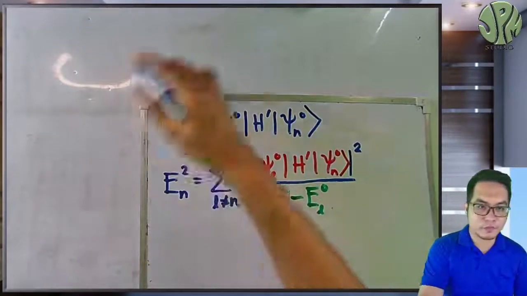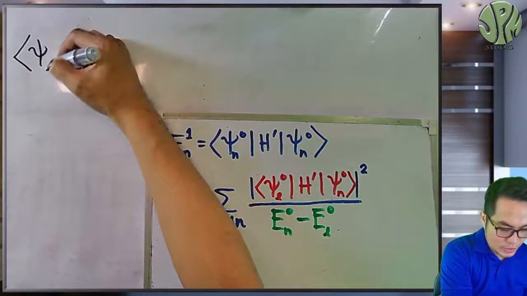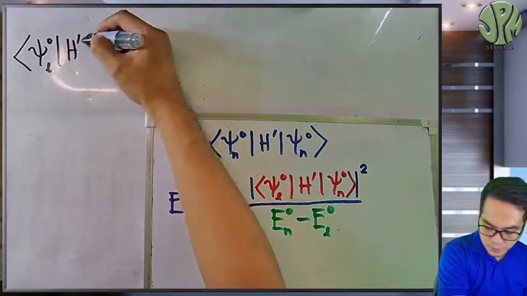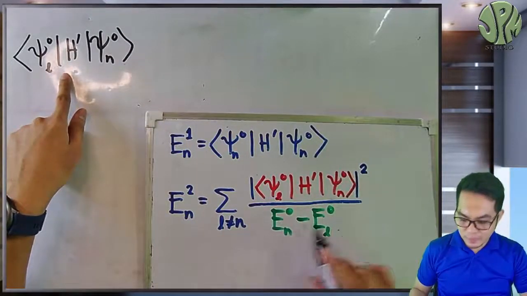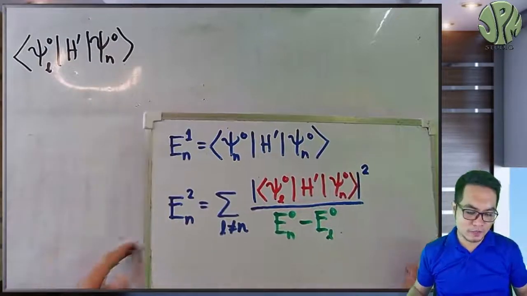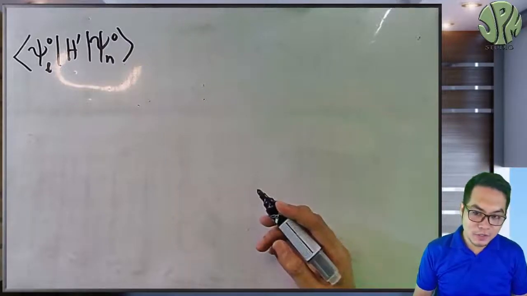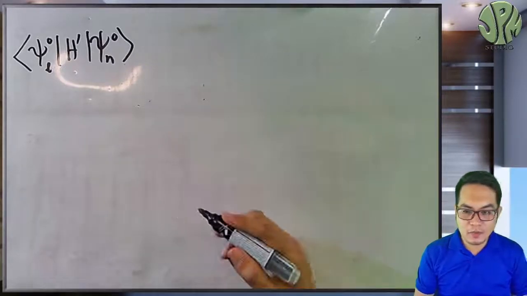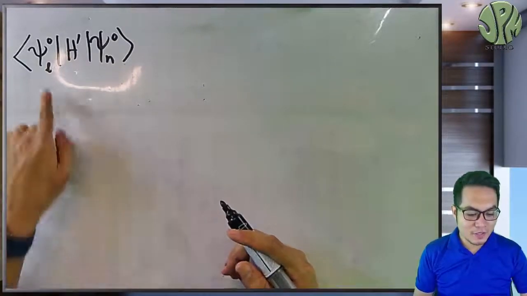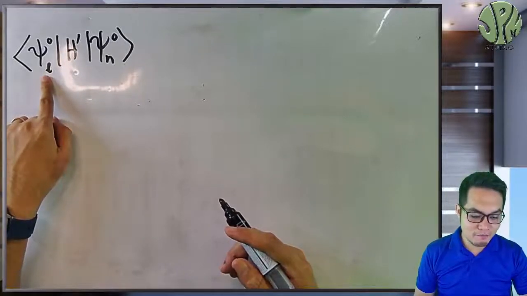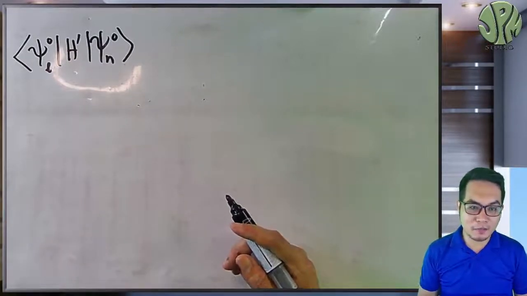Okay, so I will have psi L0, H prime, psi n0. After I obtain this one, I'm going to take the absolute value square of that. Now, unlike when we solved the first order correction in energy earlier, this doesn't have the same state. This is psi L and this is psi n, and they are not the same. L must not be equal to n.